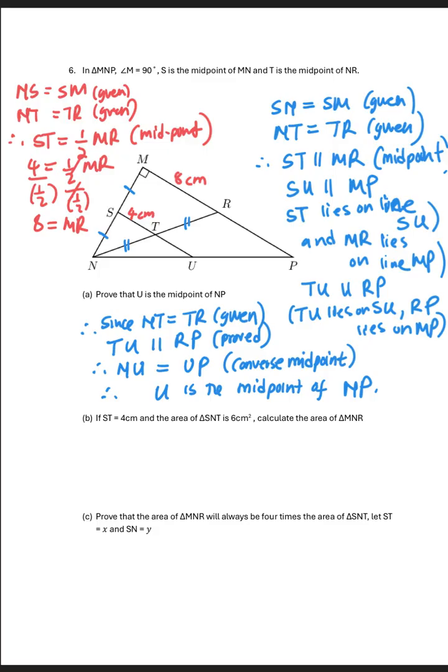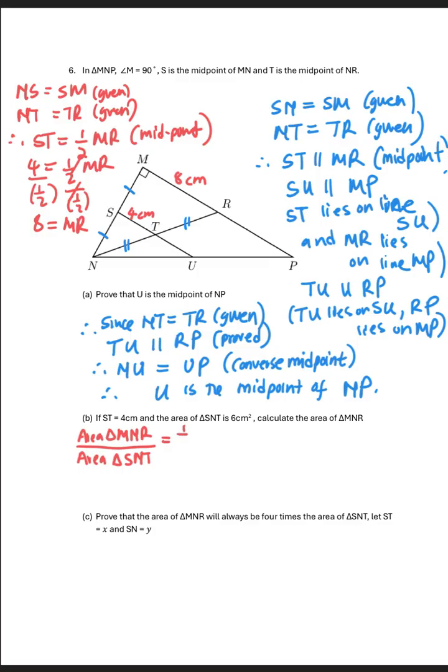So now that we have 8 centimeters there, we can now find the area of triangle MNR. So then I'm going to say the area of triangle MNR over the area of triangle SNT is equal to, when we do area of a triangle, we know it is 1 over 2 times base times height.